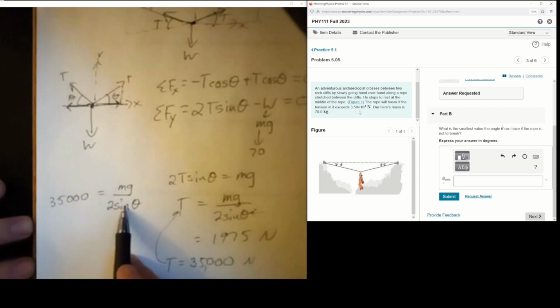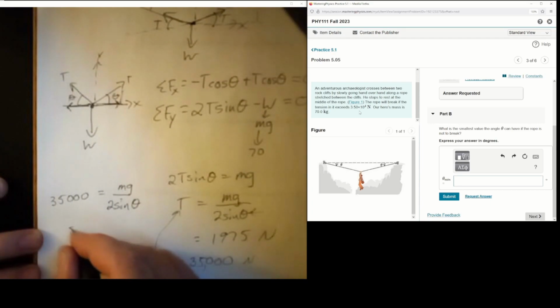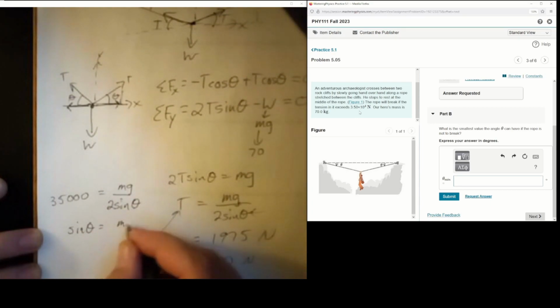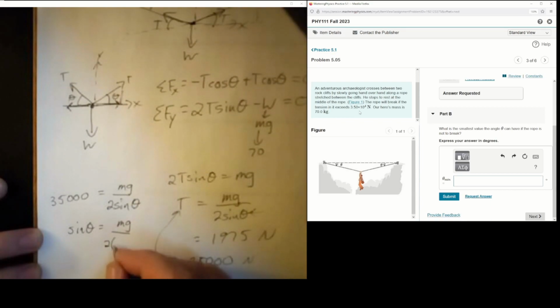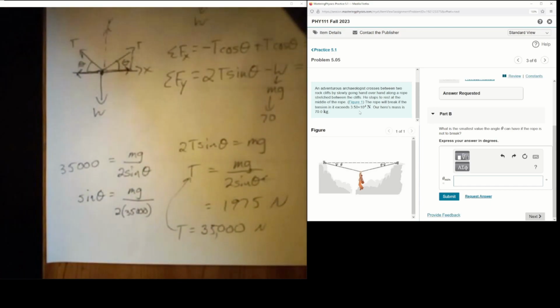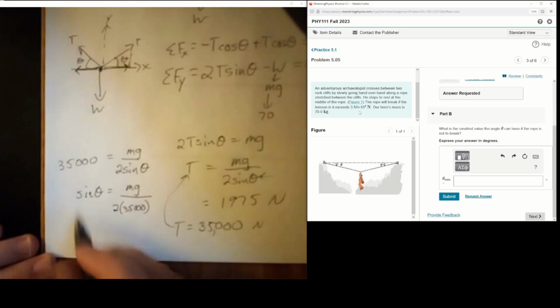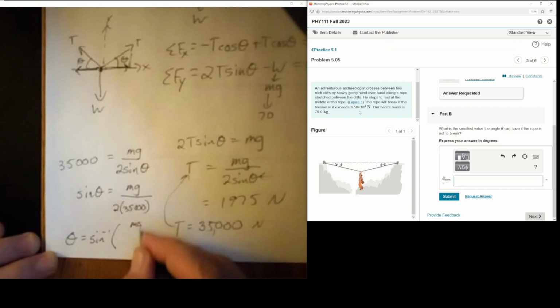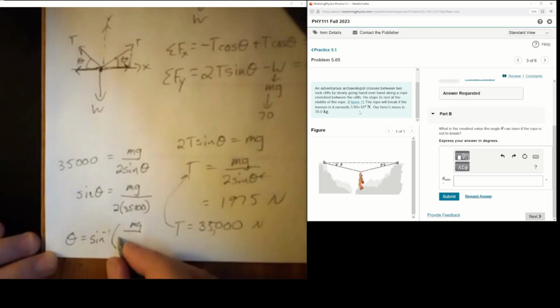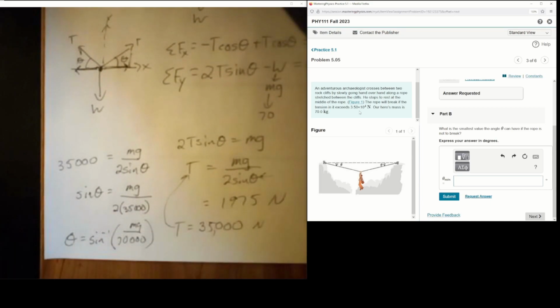A little cross multiplying, bring the sine over here, get the 35,000 down here. And then finally, to get our angle, we'll use the inverse sine. Inverse sine of sine gets us theta, and then inverse sine over here of our mg, and then 2 times 35,000 is going to be 70,000 there. And I'll punch that in.